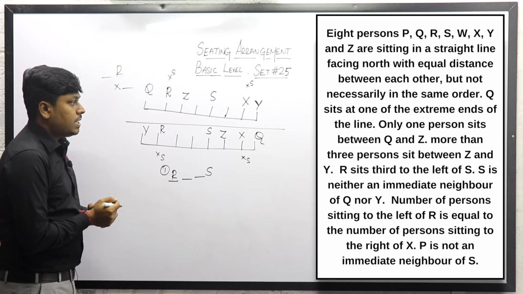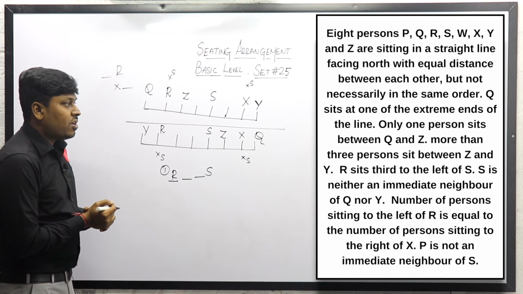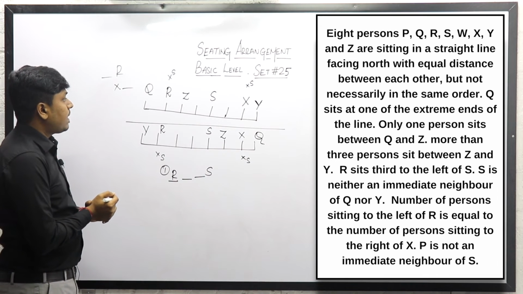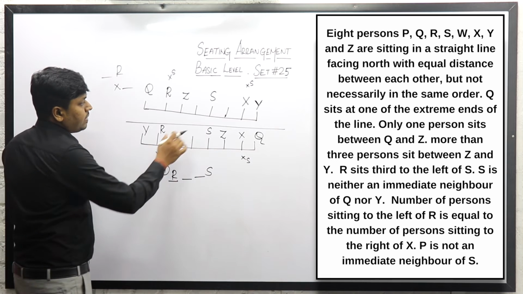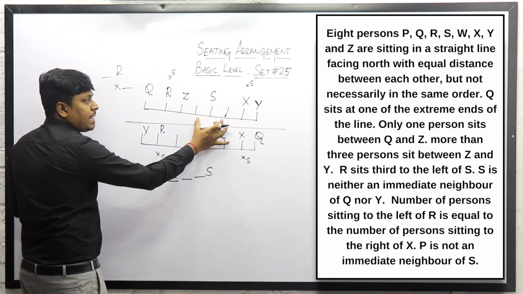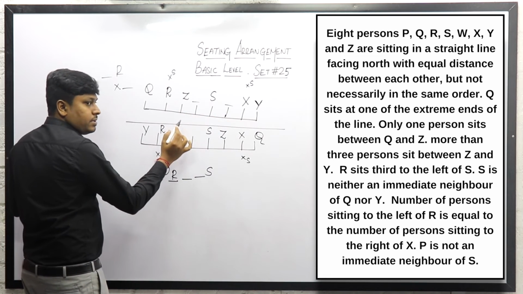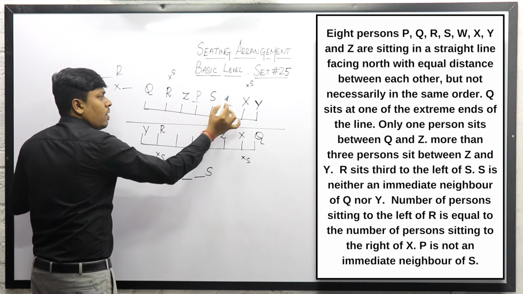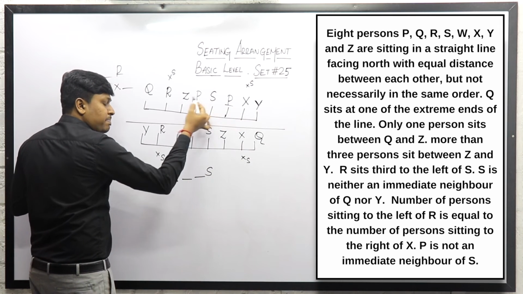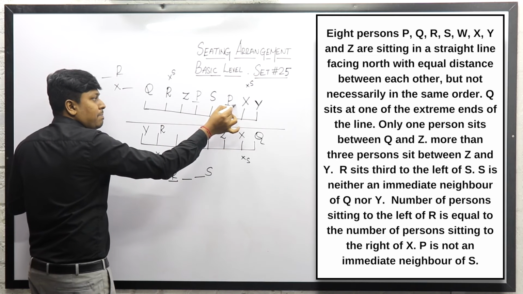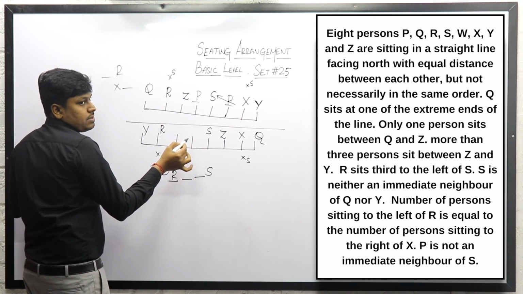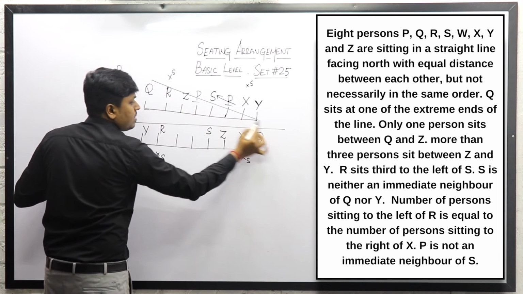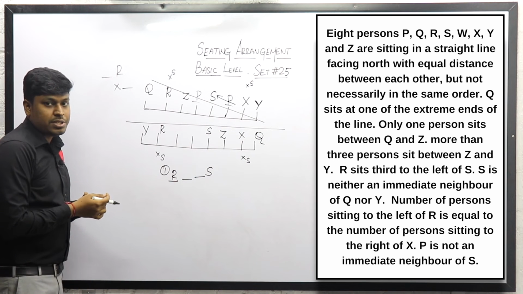The last point is P is not an immediate neighbor of S. According to this possible diagram we have only 2 places, so I should fix either P here or P here. But if I fix P here, it violates the last point that P is not an immediate neighbor of S, so there is no place for P. So definitely this complete arrangement is wrong.